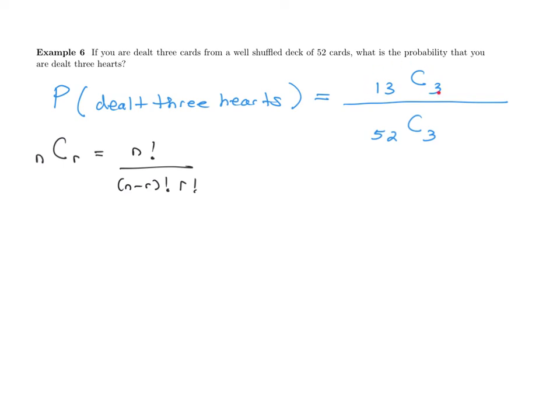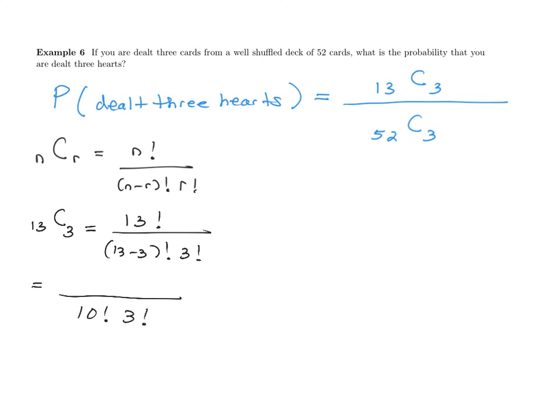So we could go through these computations and get numbers for them, and then at the end, we'll divide them. I'm going to start with 13 choose 3. That is 13 factorial divided by 13 minus 3 factorial times 3 factorial. In the denominator, 13 minus 3 is 10 factorial. I'll leave the 3 factorial alone.